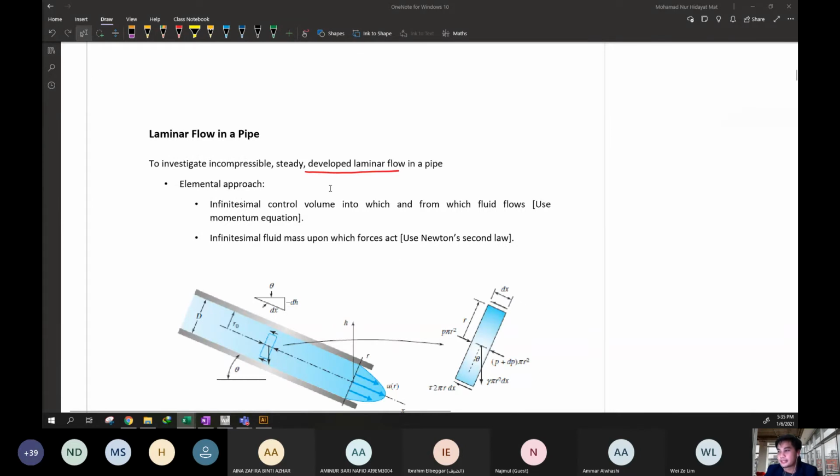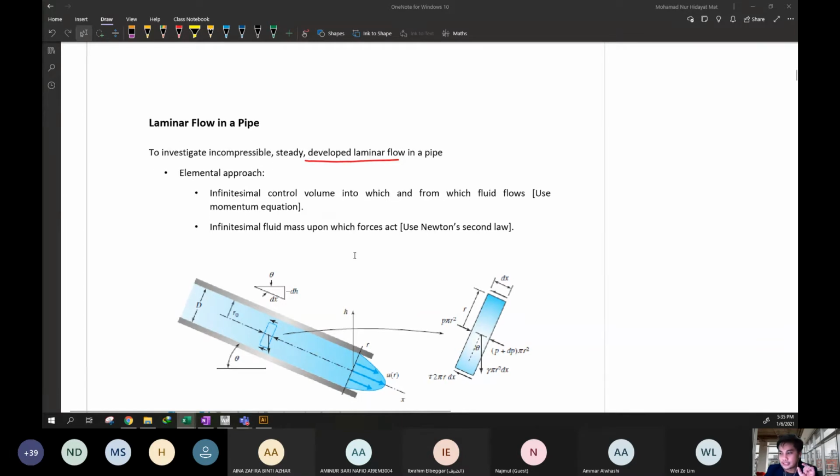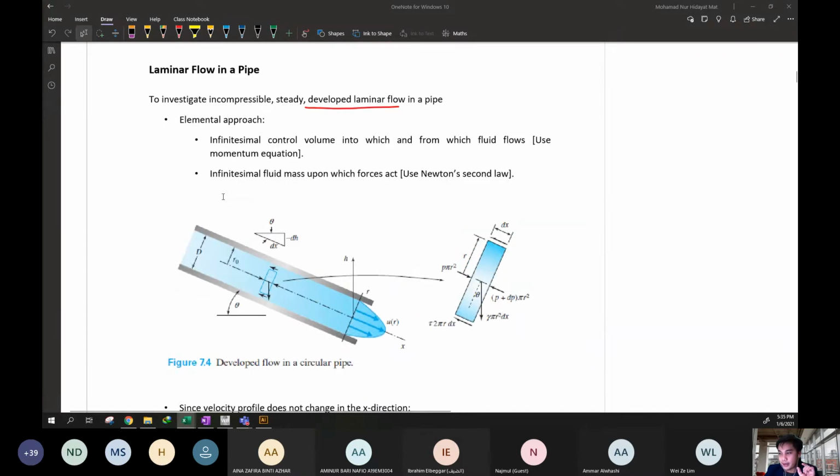Inside the developed laminar flow, focus on this part. How do we investigate the quantities? For example, I am interested in the pressure and the shear stress, or how to get the radius when the velocity is 3 meters per second. We are going to use the elemental approach.